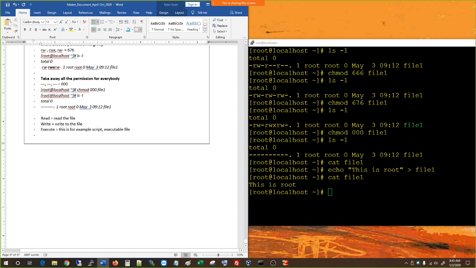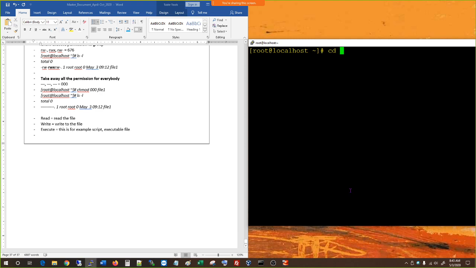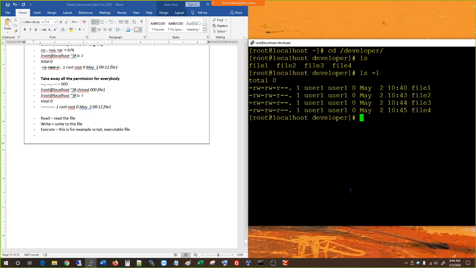Okay, so let's work on what I mean here. I'm going to clear this. I'm going to cd developer and do ls, then ls -l. Okay, so a user could read, write, and execute here. I'm going to remove all files and create new files. rm asterisk.